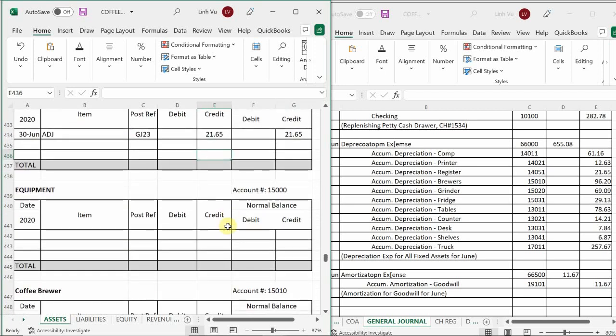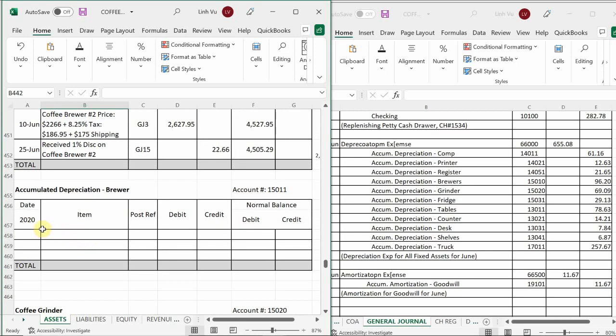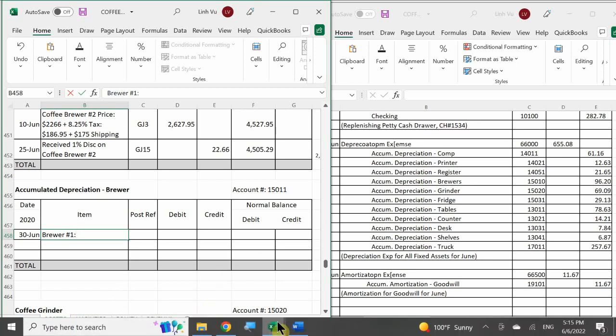Okay. Next one we have on the list is going to be our brewers, grinder, and our refrigerator. So let's see. Here's my coffee brewer. Accumulated depreciation. It is up to you if you want to separate them. I'm just going to do both coffee brewers together. So brewer number 1, right? How much did it cost me? Let's see.